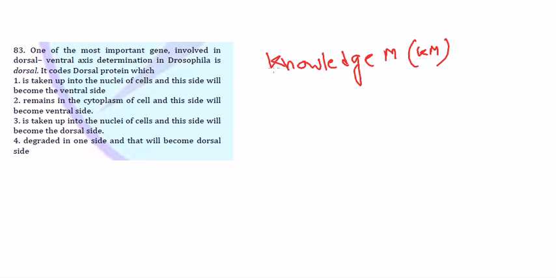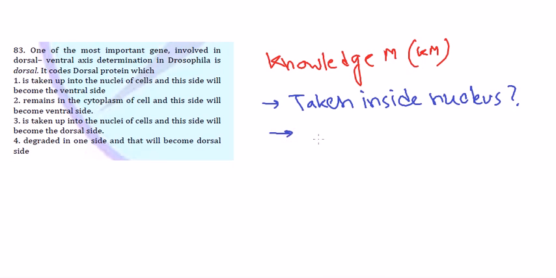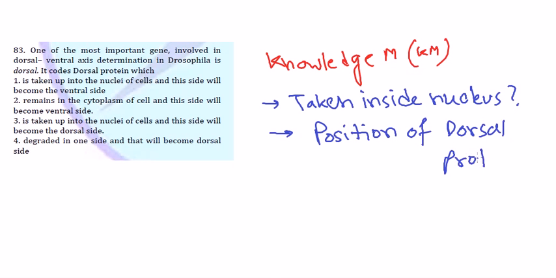They're testing whether the protein is taken inside the nucleus or not, and what is the position of this dorsal protein. Using these two things, they're giving us 4 combinations, right?